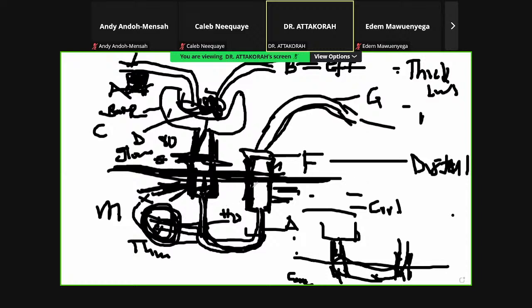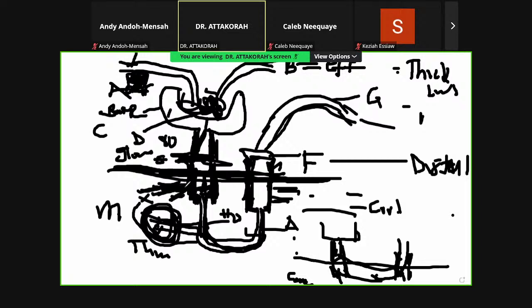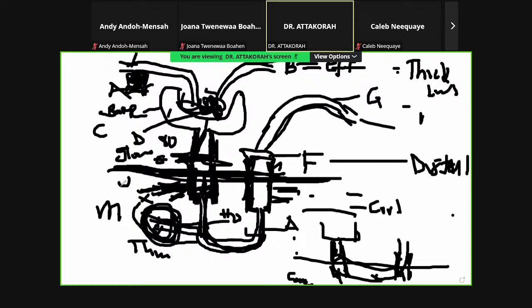The first could be there could be a problem at the thick loop here, such that reabsorption of sodium, magnesium, urea will not be able to occur to make the concentration here higher. So if there's a problem at the thick loop down the medulla, such that absorption of urea, magnesium and co cannot occur.